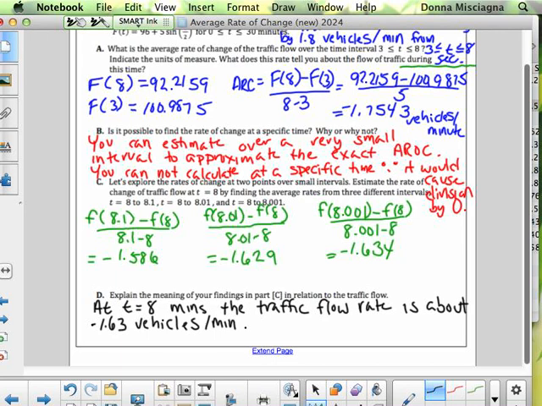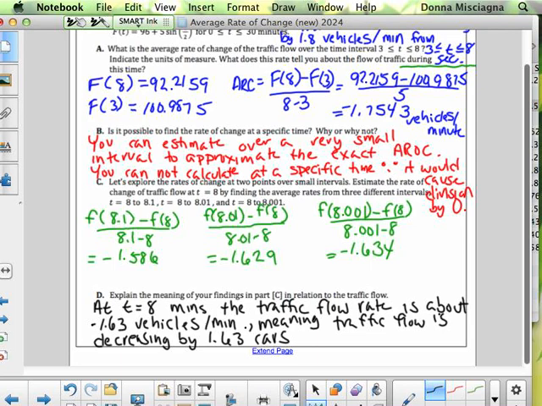Now, what does that mean? It means traffic flow is decreasing by 1.63, or I can put 1.6, but I'll keep the same units.